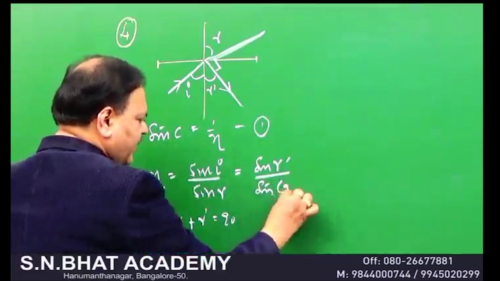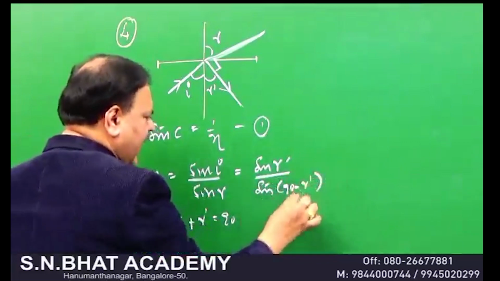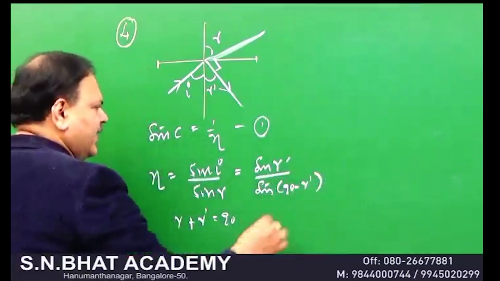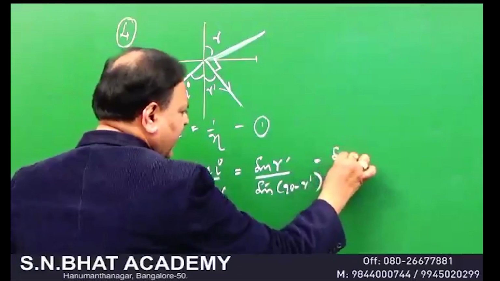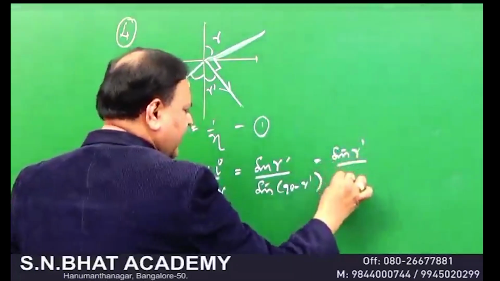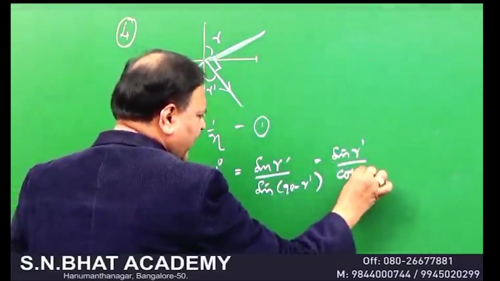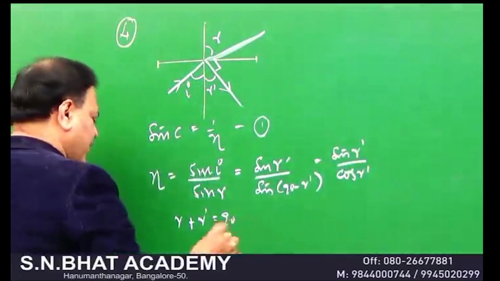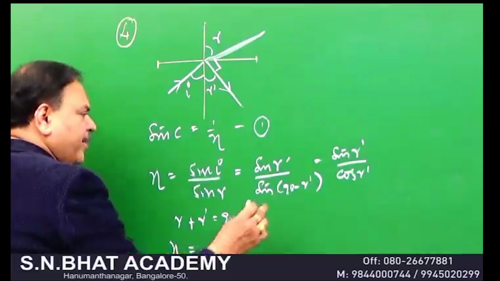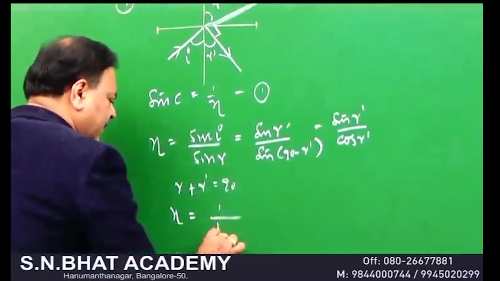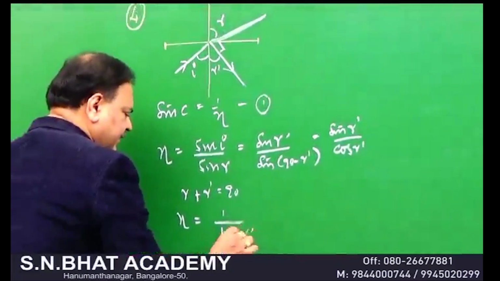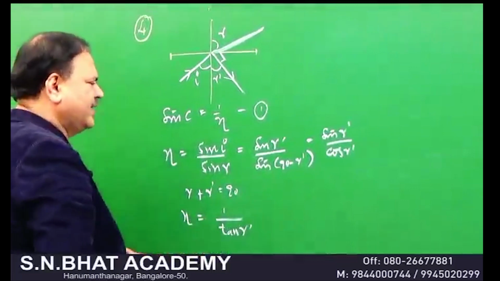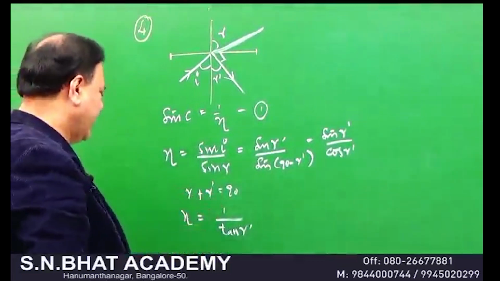Sine of 90 minus R dash comes out to be cosine of R dash, so sine of R dash divided by cosine of R dash. Therefore, your n is equal to 1 by tan of R dash. It is cotangent R dash, or it is 1 by n.